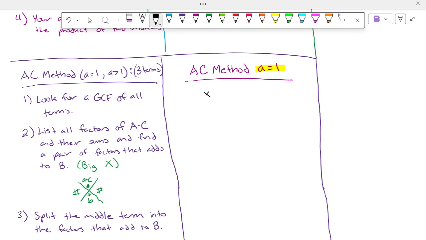So that's x squared plus 9x plus 20. Off to the side, I'm going to do a big X. So my A times C is 20. My B is 9.